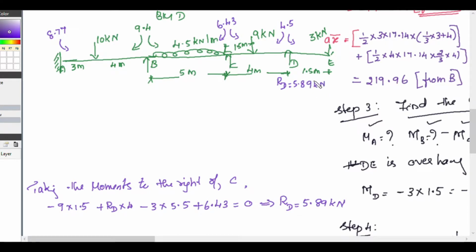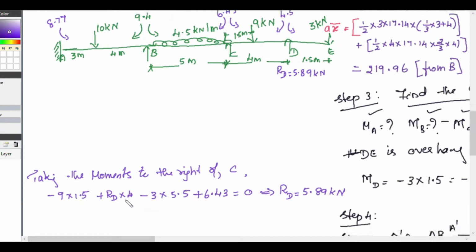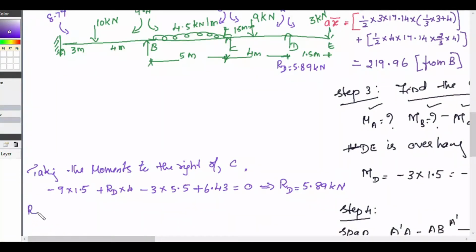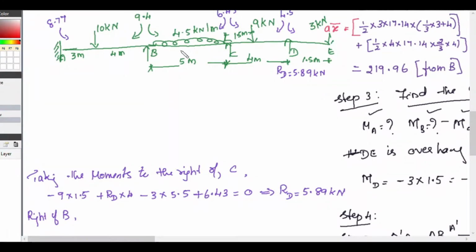Now we will take the moments to the right of B. When we are taking the moments to the right of B, we have a 4.5 kilonewton per meter, right? So it is minus 4.5 into, the distance is 5 into 2.5.